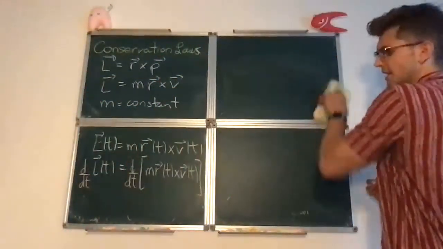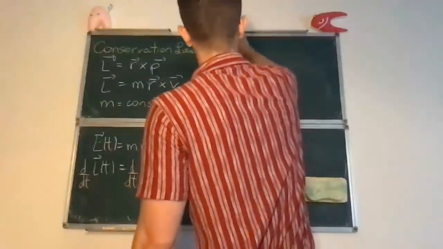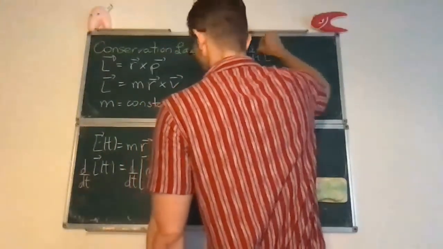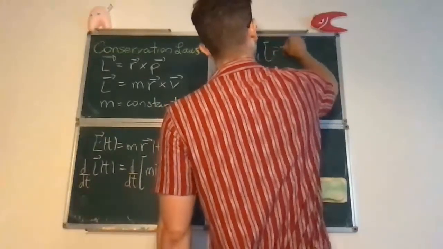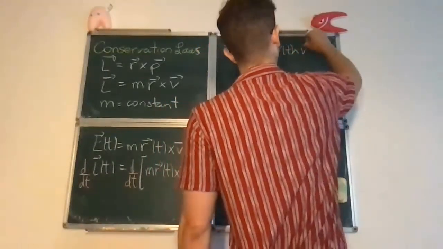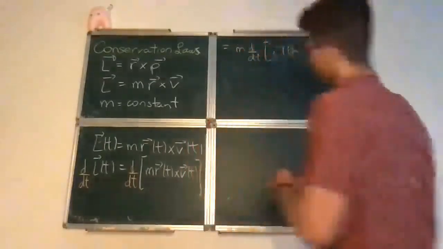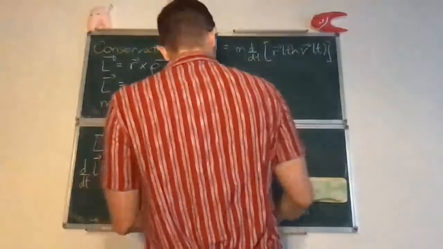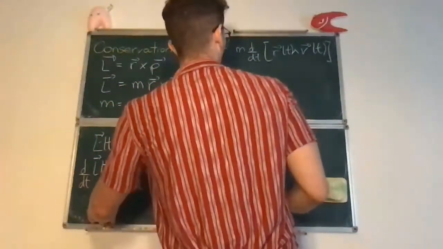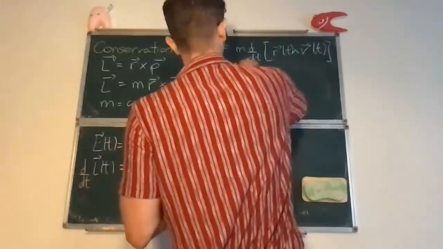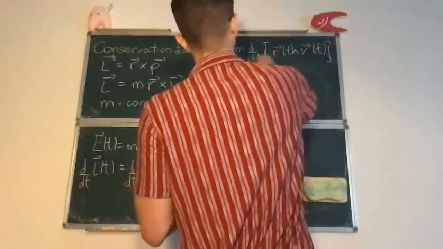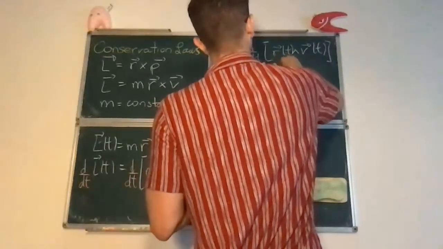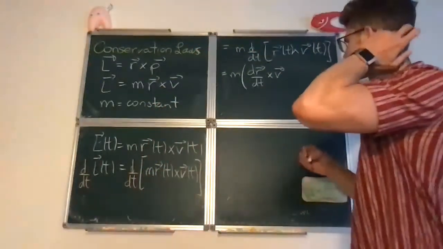Now, as I was saying, the mass is constant, so if you want, you can take it out of the derivative. And then you just apply the product rule here. So remember that the product rule is the same as the usual product rule for functions.